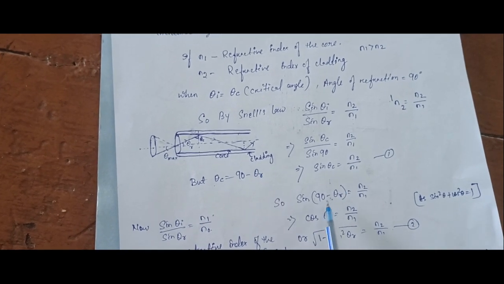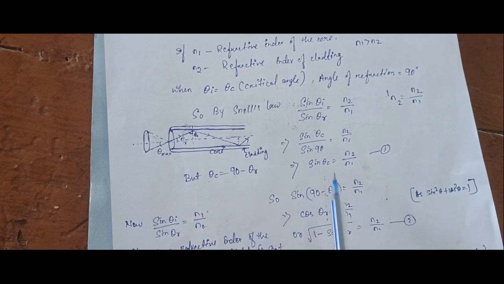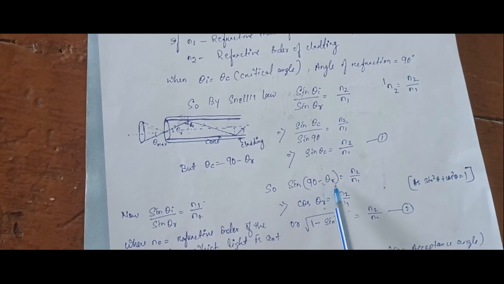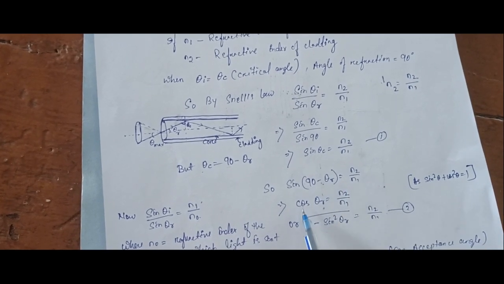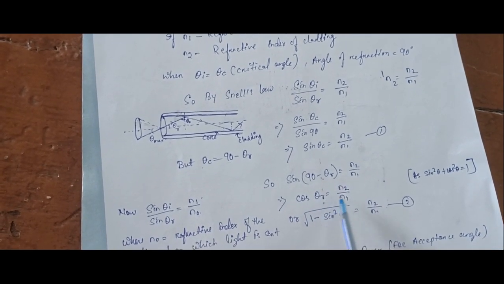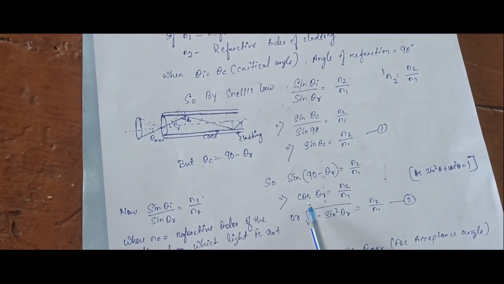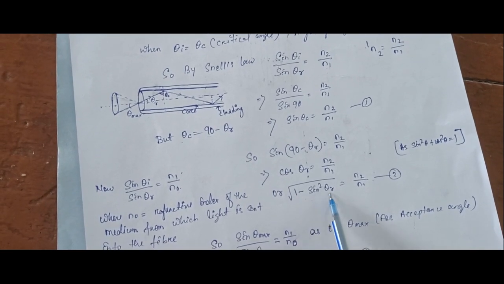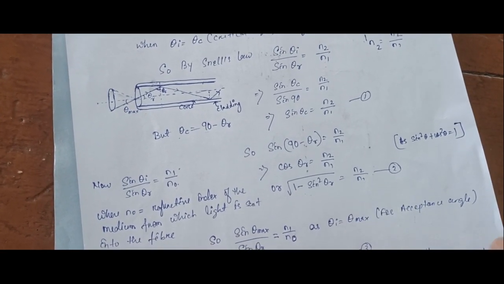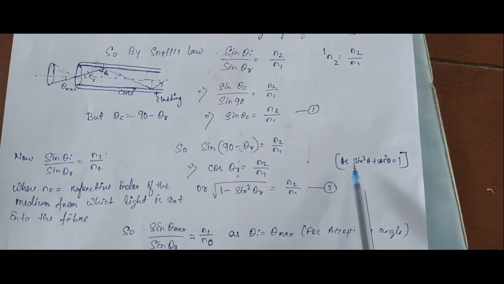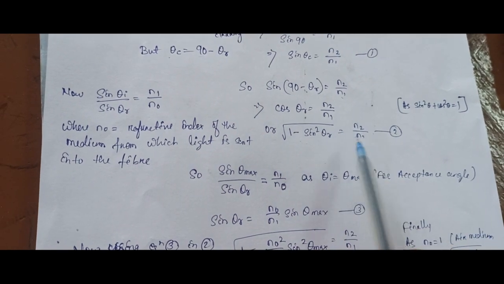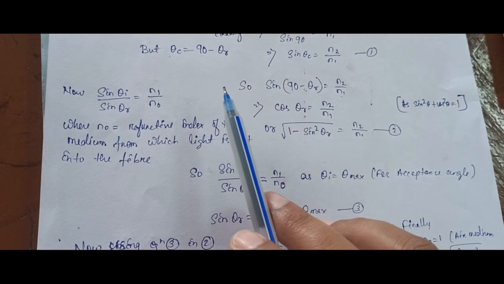So in place of sin theta c, I have written sin of 90 minus theta r, which can be written as cos theta r, that is equal to n2 by n1. This cos theta r can also be written as under root of 1 minus sin square theta r is equal to n2 by n1, because by trigonometry sin square theta plus cos square theta is equal to 1. This is equation 2, inside the optical fiber.